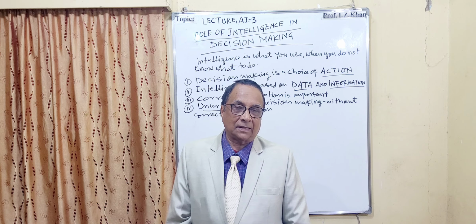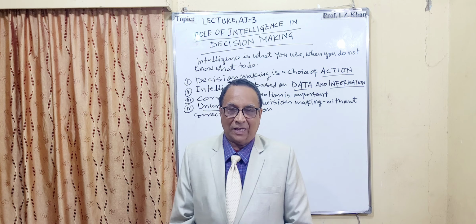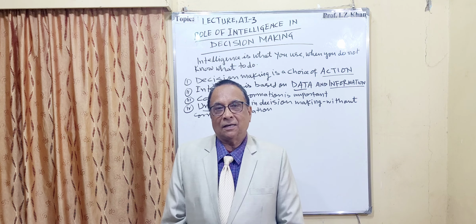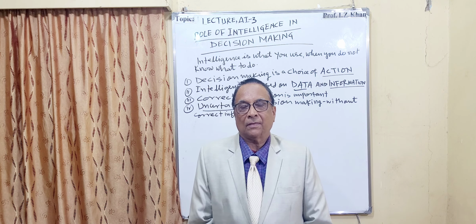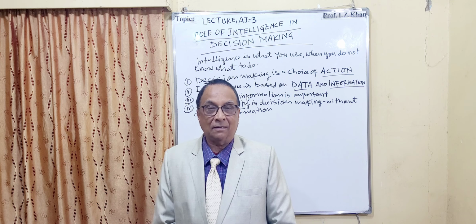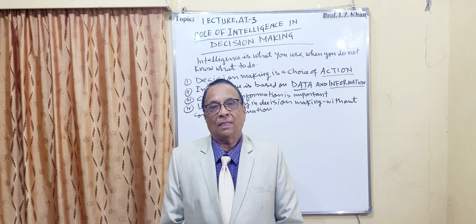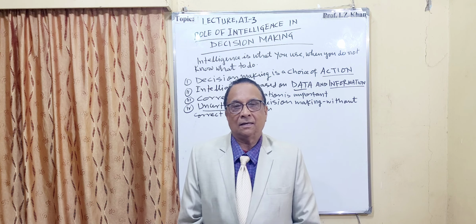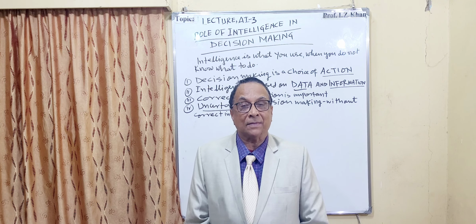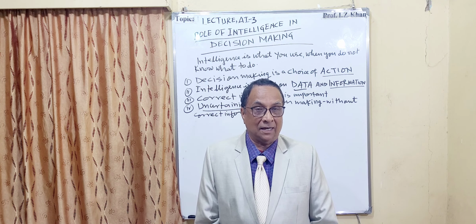As I have already told you, we human beings are going for artificial intelligence because of two reasons. First is its accuracy on the basis of data, less risk factor. And secondly, artificial intelligence can have unlimited data in trillions, multi-trillions.